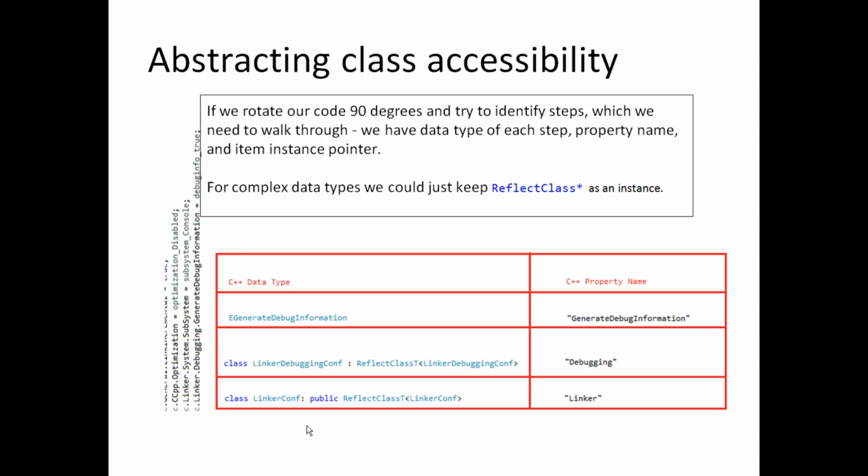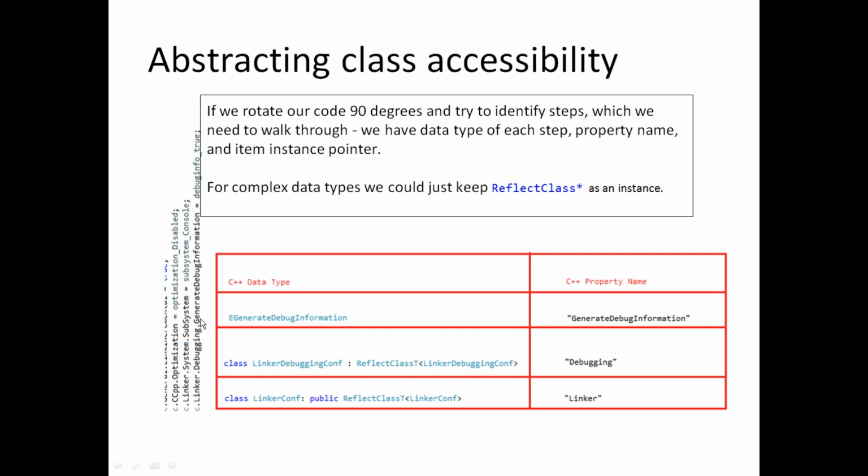Let's now take the original code and place it on the left side, and let's create a table where we can identify what will change from one step to another. Originally we had an enumeration type, and the property name was called generate debug information, so it's directly taken from here.